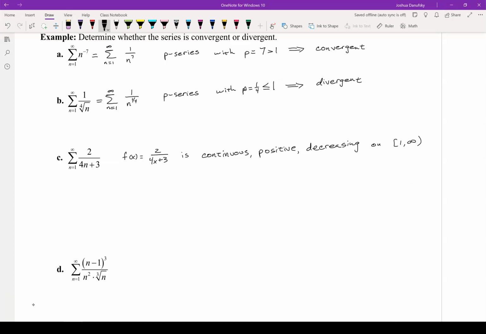We can easily see this is decreasing by comparing f of x with f of x plus 1. Since the denominator on the right is larger, that makes that fraction on the right smaller. This means we can apply the integral test. So now we determine whether this integral is convergent or divergent.